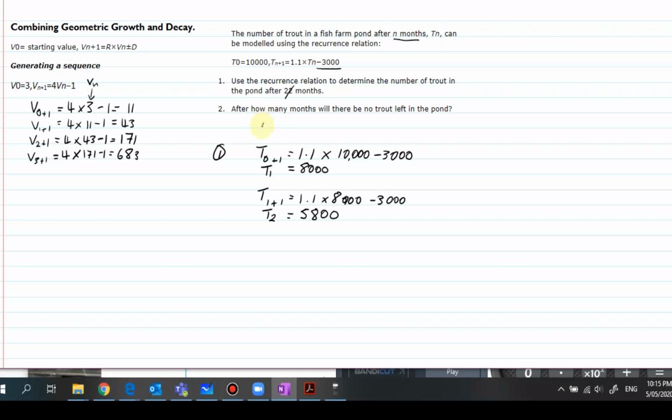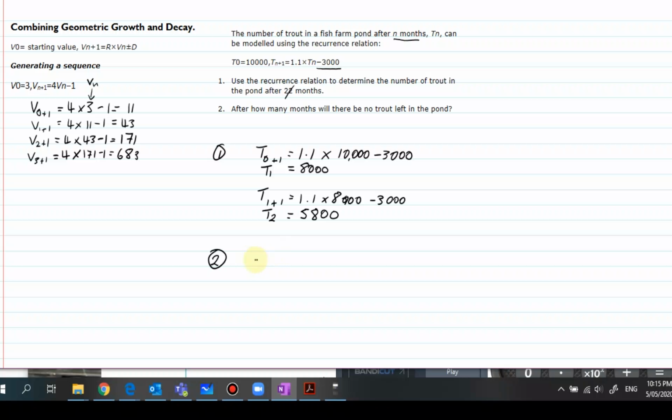After how many months will there be no trout left in the pond? We want to keep going with this to the point that we cross zero into the negatives or hit zero exactly. For some tasks, this could take quite a while. So especially with a recurrence relation, we want to be able to perform it on the calculator. Any calculator basically does it the same way.